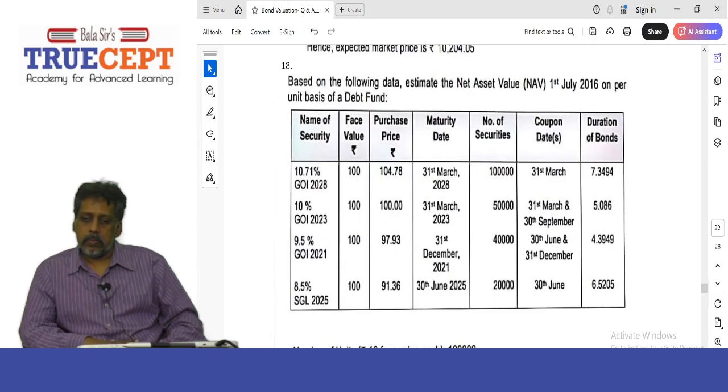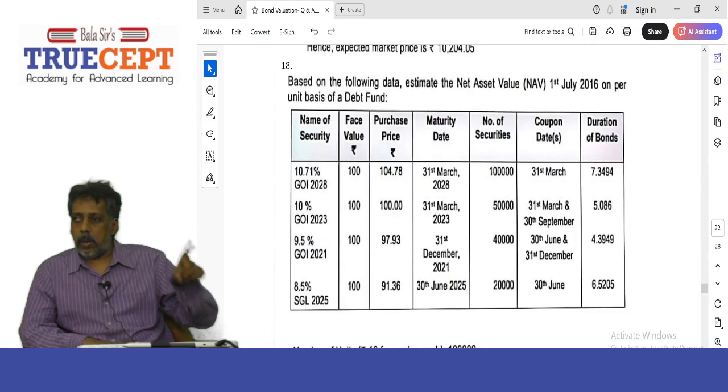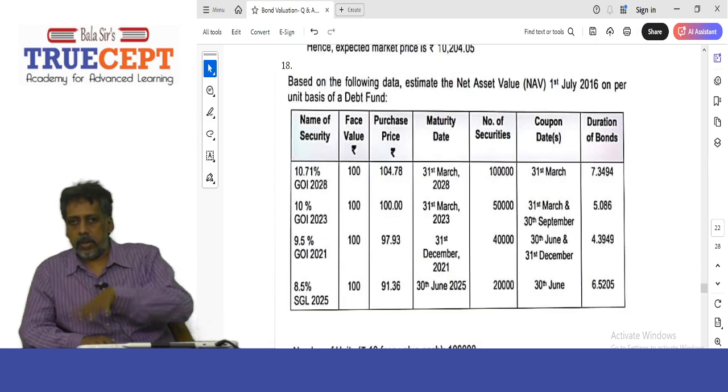Next, 10% GOI 2023 bonds, 100 face value, 100 purchase price. 31st March 2023 maturity date, 50,000 securities. 31st March and 30th September coupon dates, and 5.086 duration. So it is given that it is a semi-annual pay bond. This bond pays interest to the holder of these bonds, a mutual fund, on 31st March and 30th September.